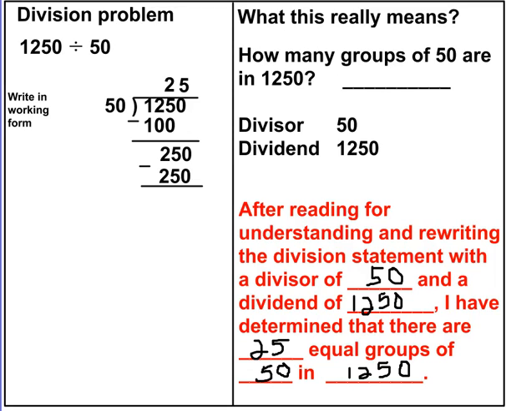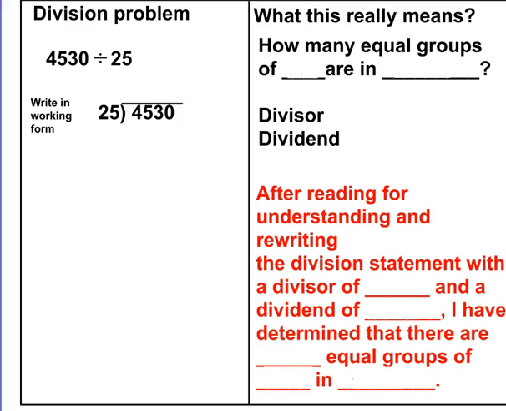So here we go with the next one. And I have 4,530 divided by 25. Write your expression in working form. So I have 25, and I'm going to divide that into 4,530. So let's come over to the restating side.